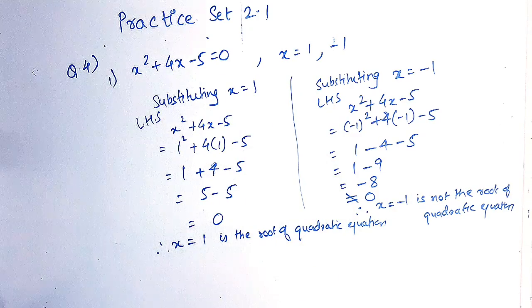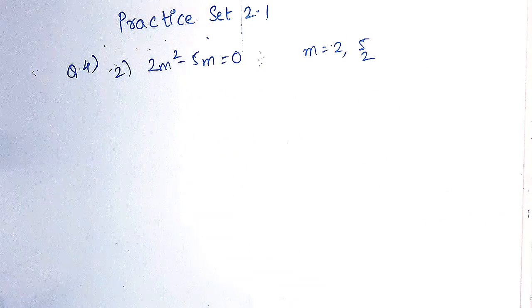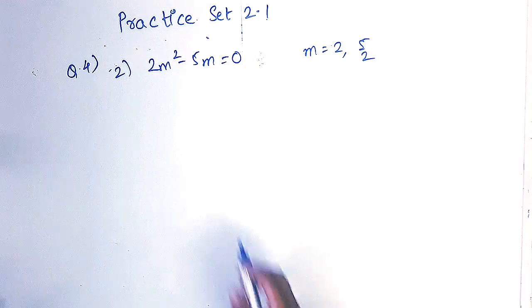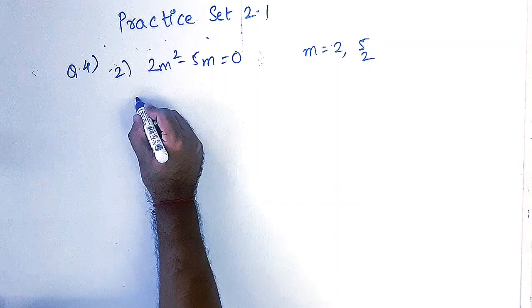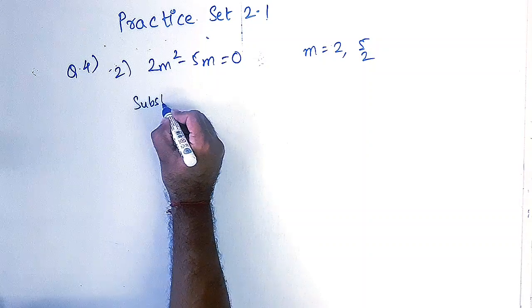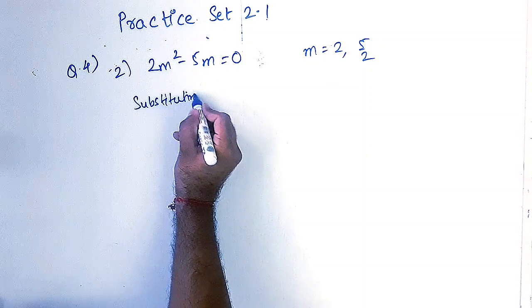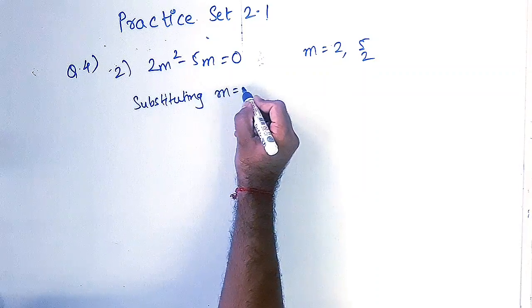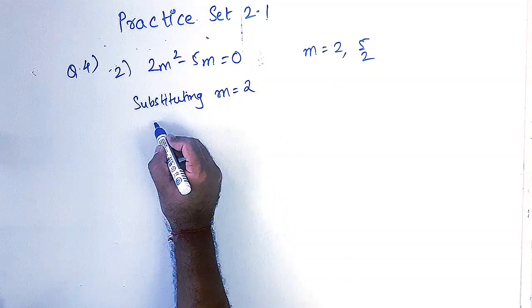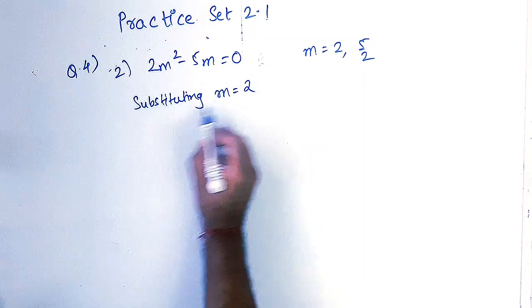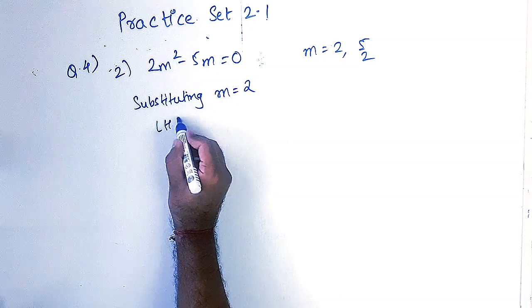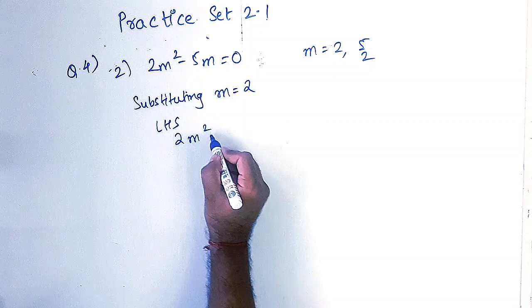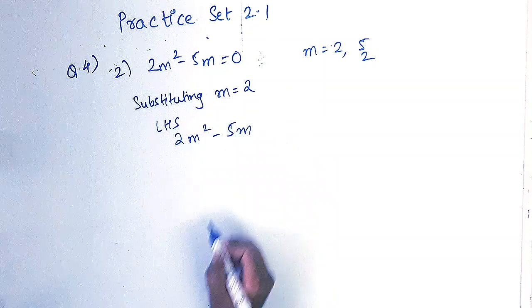So similarly we'll do sub question 2. The second one says 2m square minus 5m equals to 0. We have to check with these values. So I'll substitute m equals to 2. We'll take the LHS only, 2m square minus 5m.